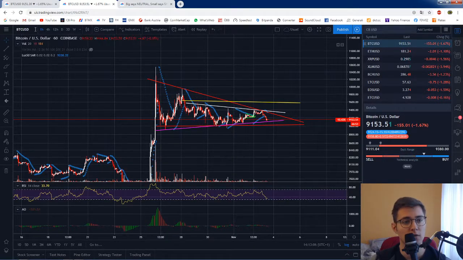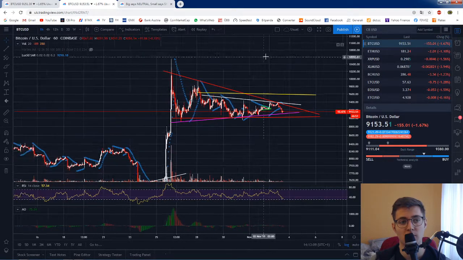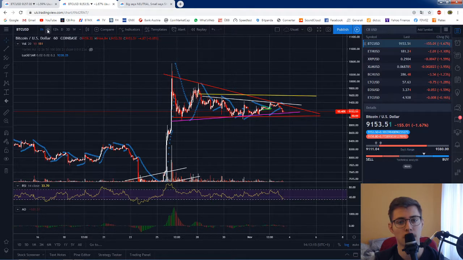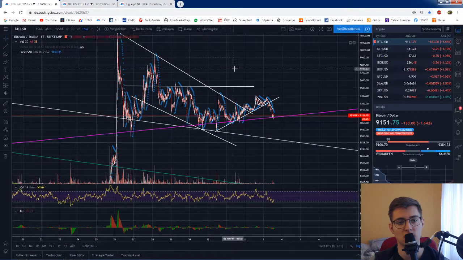And on the smaller time frame, of course, the bearish or the short side is more likely. So that is this chart explained.